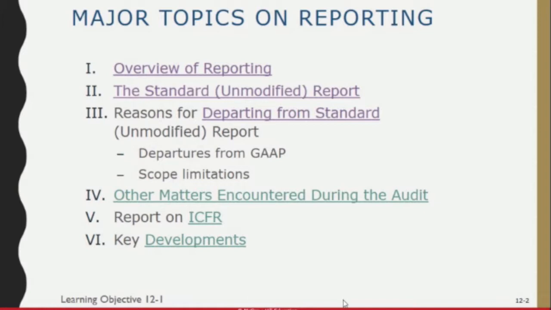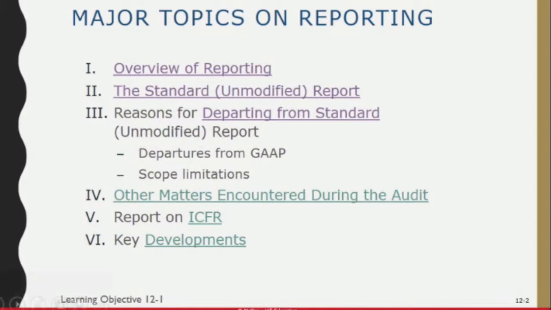It's before the opinion, right? And of those modifications, the scope limitation, when there's a disclaimer of opinion, requires the greatest level of modification throughout the audit report, to the scope paragraph and to the introduction paragraph as well. So that requires the greatest amount of modification.